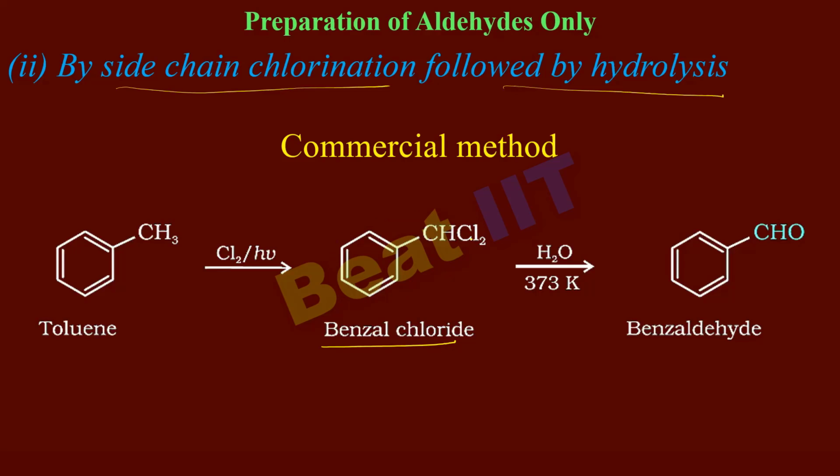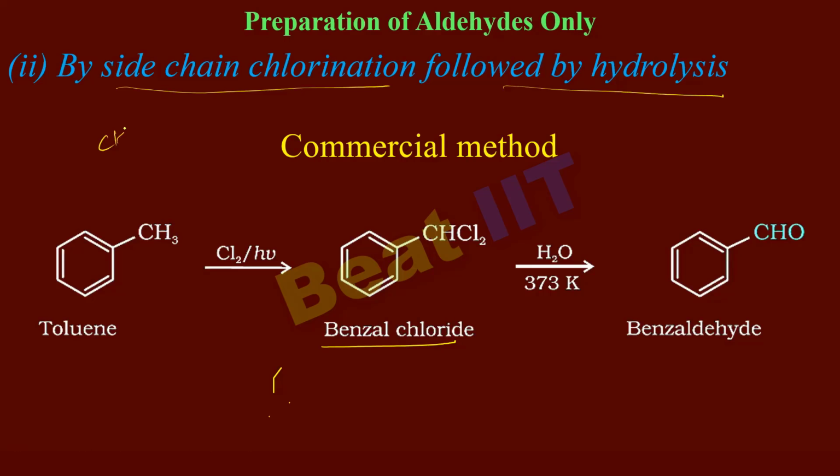Just note that you have CHCl2, you don't have CH2Cl. Normally in monochlorination, if we are talking about aliphatic compounds, with chlorine and UV light, normally you get just single chlorine there.